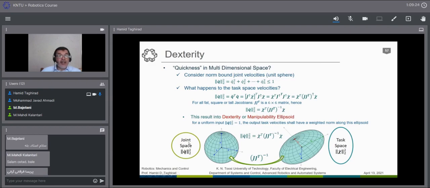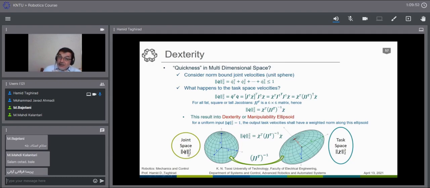This means that if we have limited actuator speed, very uniform, if we have a square here in our hand, in the vector, this square might change to an ellipsoid, a 6 degree of freedom ellipsoid. We can just show the 3 degrees of freedom here, but we have in mind 6 degrees of freedom.